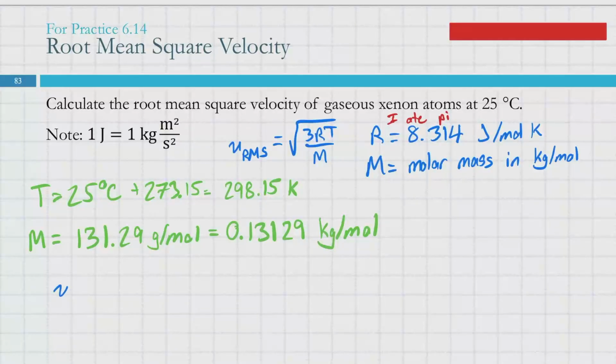So putting that all together, for our root mean squared velocity, we've got the square root. 3 is one of our integral numbers. It's part of the equation.